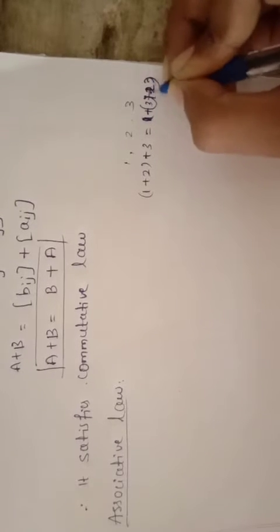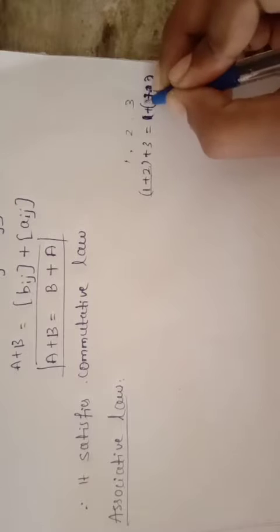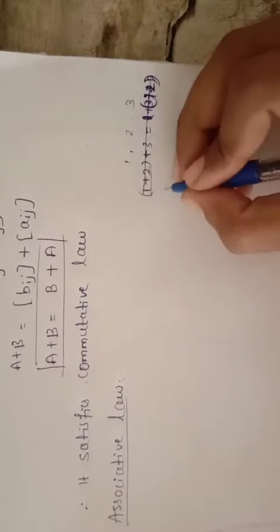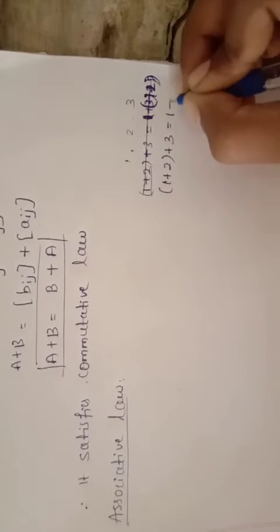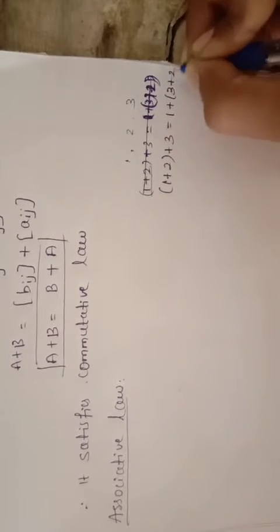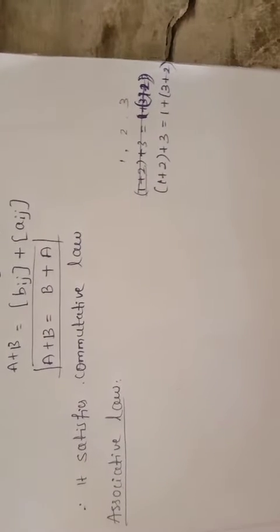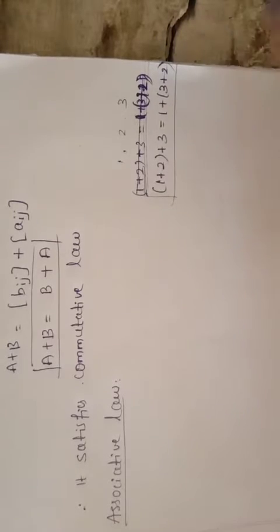I hope you understood what I have written here. So this is nothing but the associative law. 1 plus 2 plus 3 is equal to 1 plus 3 plus 2. You can write 2 plus 3 or 2 plus 3 plus 2, no problem. So addition of numbers satisfies the associative law.